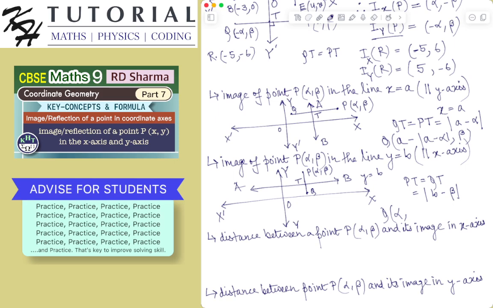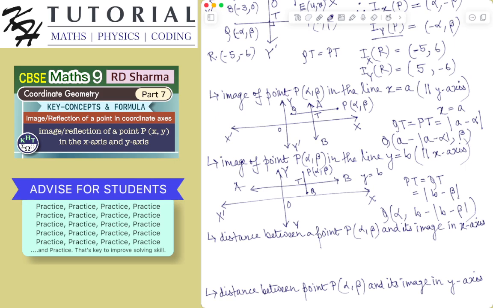And the point Q is at a distance of absolute value of b minus beta from the point T. So what will be the ordinate of Q? It will be b minus the absolute value of b minus beta. Now, if the point P was below the line AB, then Q would have been above the line AB, and then the ordinate of the point Q would have been b plus modulus of b minus beta.